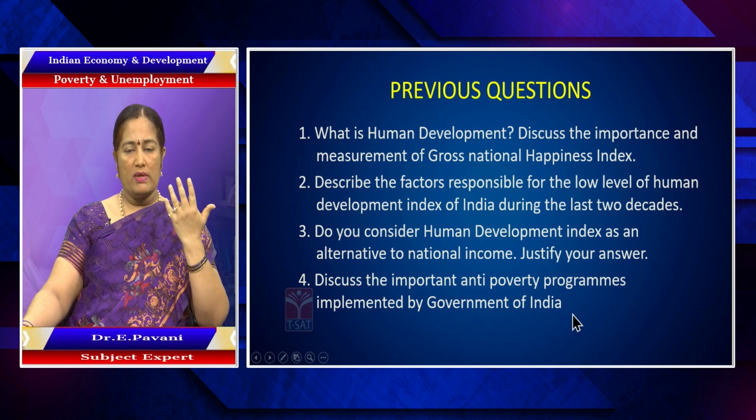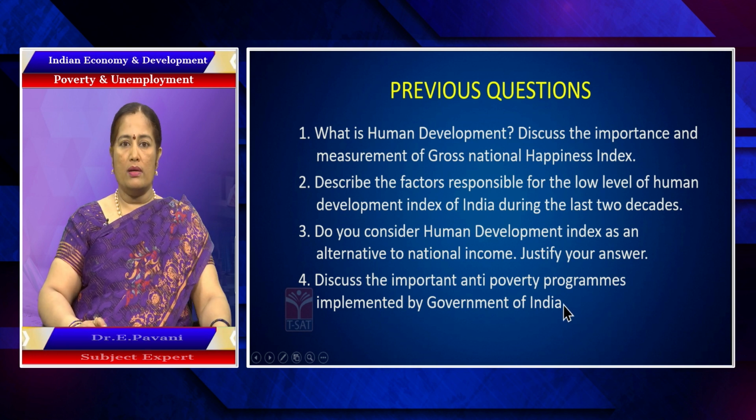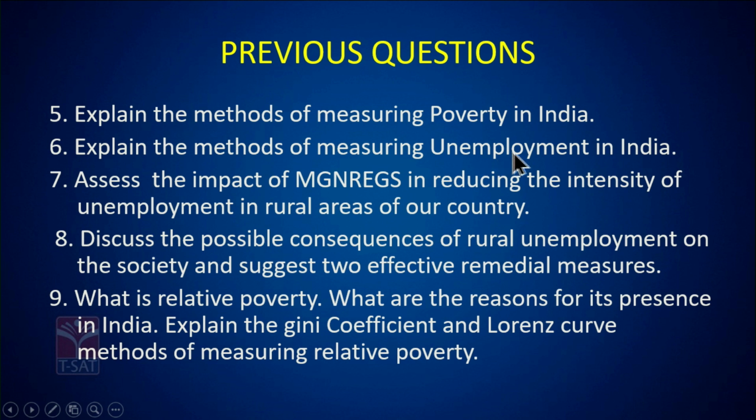So previous questions are mostly concentrating on the human development index and poverty alleviation programs. Methods of measuring poverty in India, methods of measuring unemployment in India, and the impact of the Mahatma Gandhi National Rural Employment Guarantee Scheme are also asked in the previous questions.